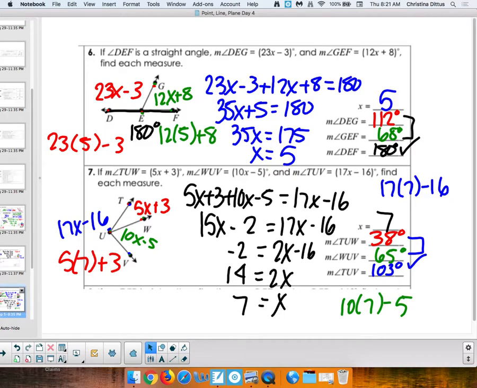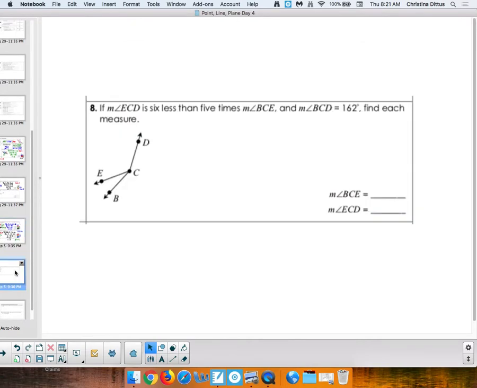This next one, we add in some word problem-type things. It tells me ECD, this angle right here, is 6 less than 5 times angle BCE, this angle here, and BCD, my whole angle, is 162.